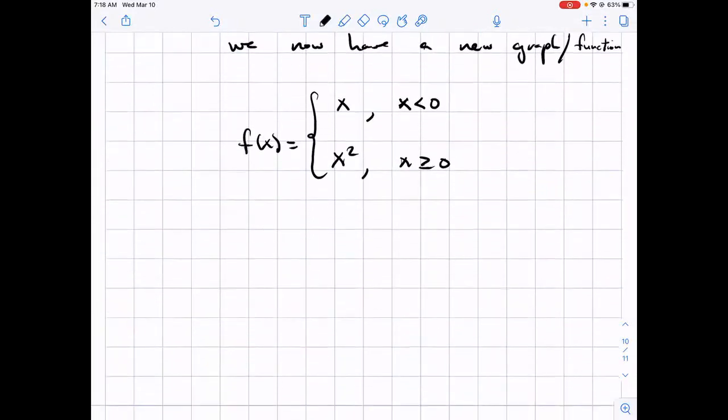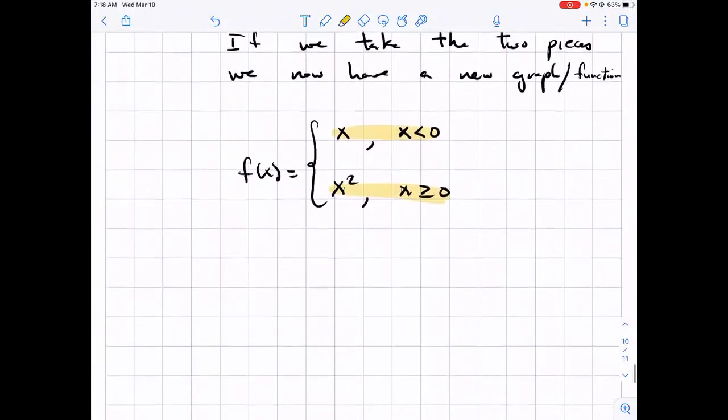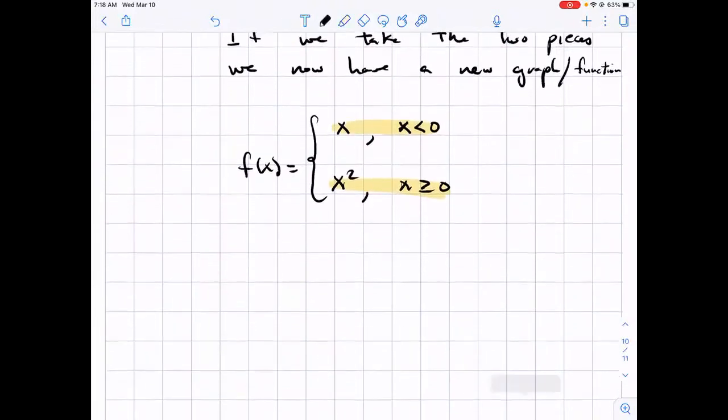So the question is, how do we graph it? To graph it, we make a table of values for each piece. This is our piecewise function, with this piece and this piece here. Please note that in a piecewise function, if this is less than 0, this will be greater than or equal to.